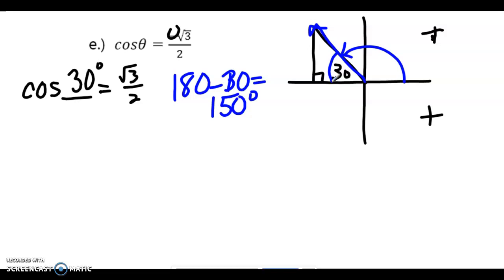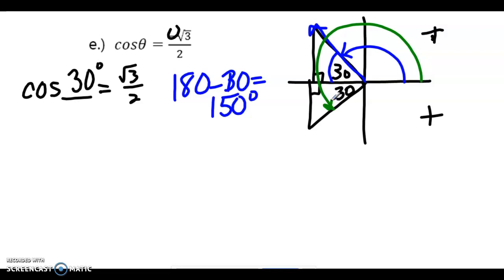So then the third quadrant also has a negative cosine, correct? So for the reference angle to be a 30-degree angle, we would have to draw that right triangle. And because we're told that theta has to be between 0 and 360, we have to use the positive values. So we're going to start here, and our terminal side has to be there.